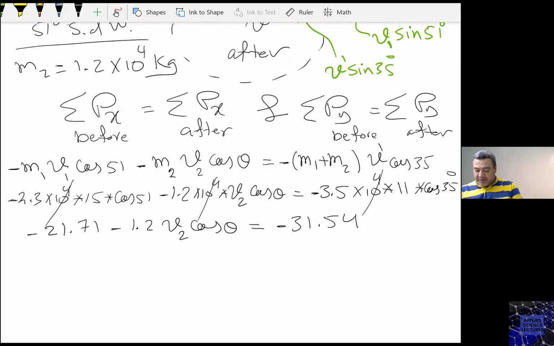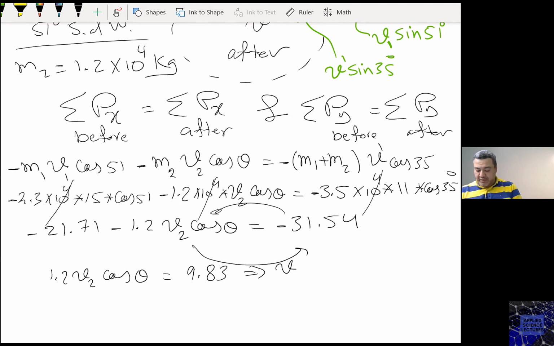Now, if I bring this one to this side and this one to that side, what do I get? I get 1.2 v2 cosine theta equals to 31.54 minus 21.71, which is 9.83.